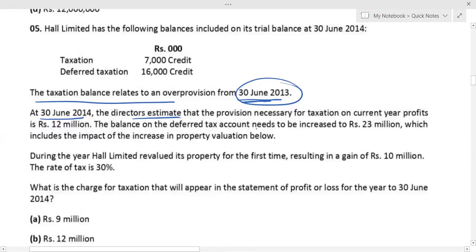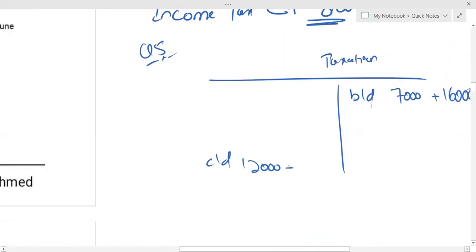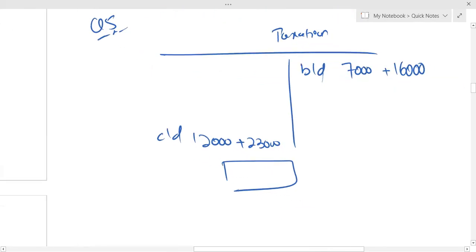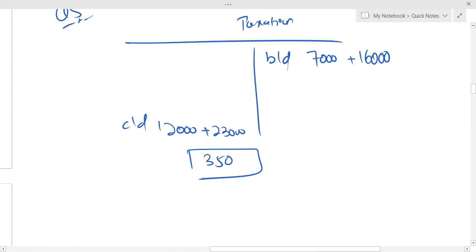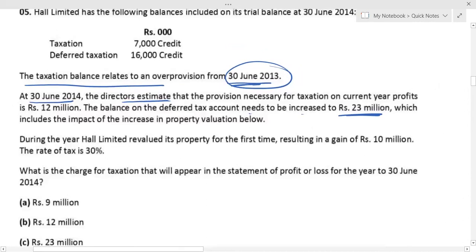The balance on the deferred tax account needs to be increased to 23 million. So if I add both of them, 12,000 plus 23,000, I'm getting 35,000. What else?